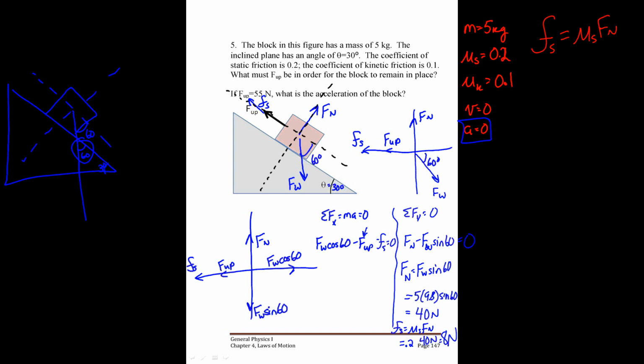All right, so now I know everything in this left-hand equation except for F up. So I'm going to solve it for F up. I have F up equals Fw cosine 60 minus Fs, which I now know. So that's going to be the mass, which is 5 kilograms, 5 times 9.8. That's 49. Oh, excuse me, times cosine of 60 minus 8 newtons.